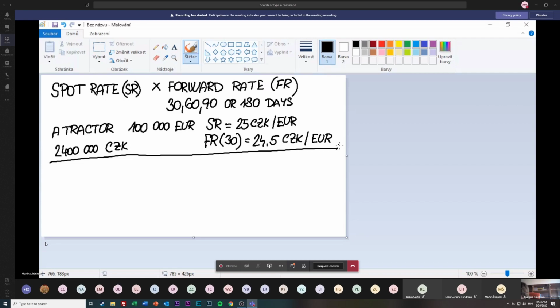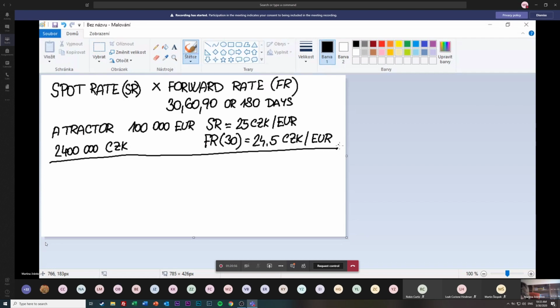So I will exchange 25 times 100,000 euros, and I will deduct my costs. So in this case, I have the profit 100,000 Czech crowns.